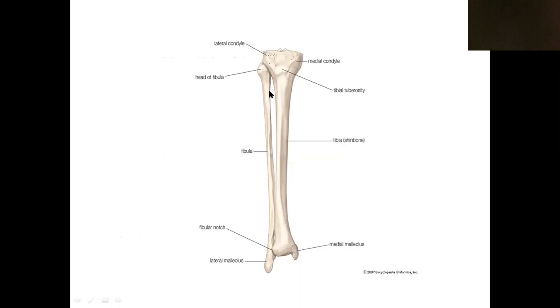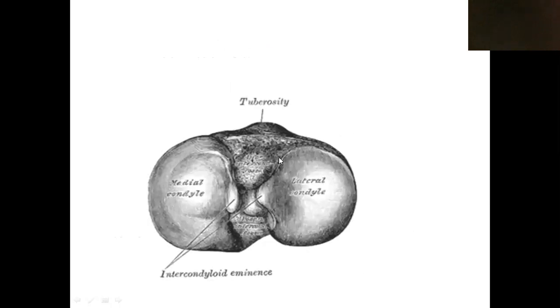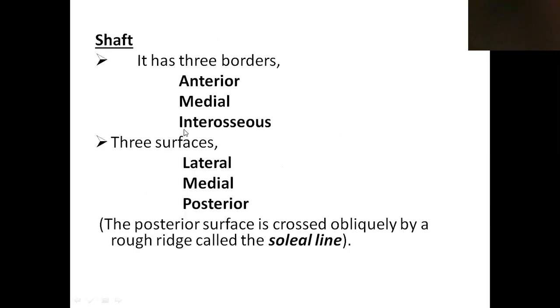That space is filled with a membrane, known as the interosseous membrane. That membrane is attached to a border, known as the interosseous border. So automatically it will be the lateral border. Here in the tibia, the interosseous border is the lateral border.